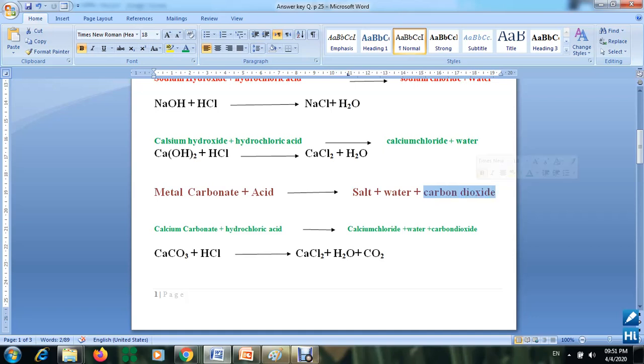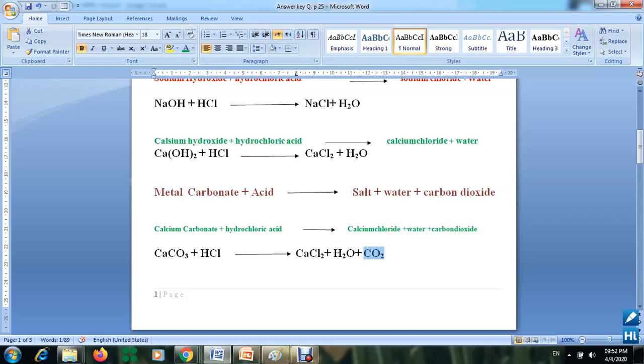It's called carbon dioxide. For example, calcium carbonate is a metal carbonate, because CO3 is carbonate and Ca is calcium. When it reacts with hydrochloric acid, HCl, it forms calcium chloride, water, and carbon dioxide.